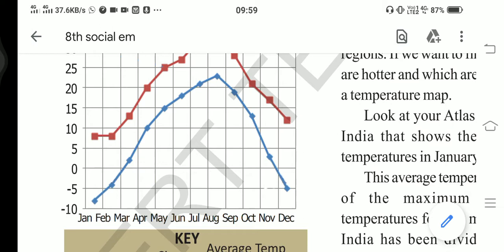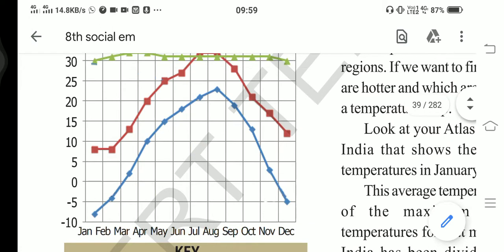So the angle of incidence increases moving to the north and south, so the insolation received at north and south will be less, so those places are heated very little. So they record lower temperatures throughout the year, right?